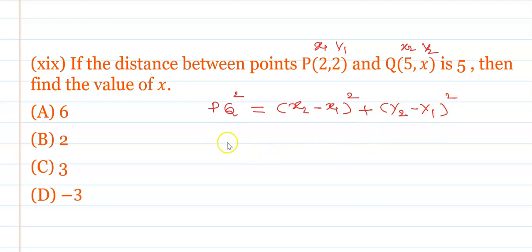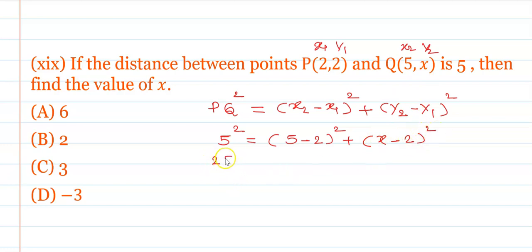But what about the PQ? Distance PQ is 5. It means that 5 square is equal to (5 minus 2) bracket square plus (x minus 2) bracket square.